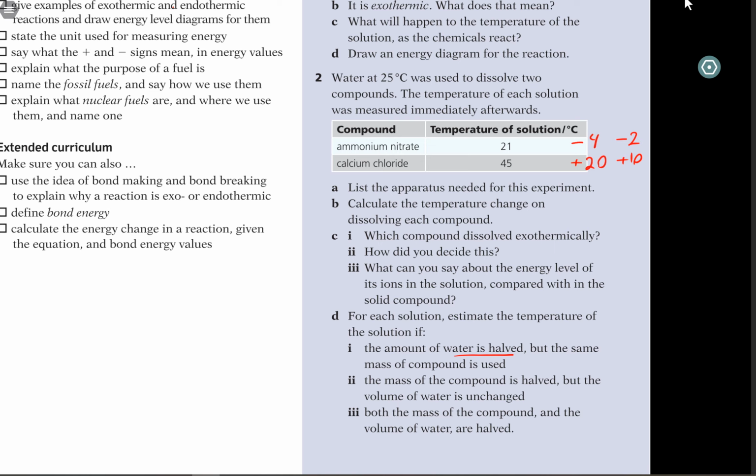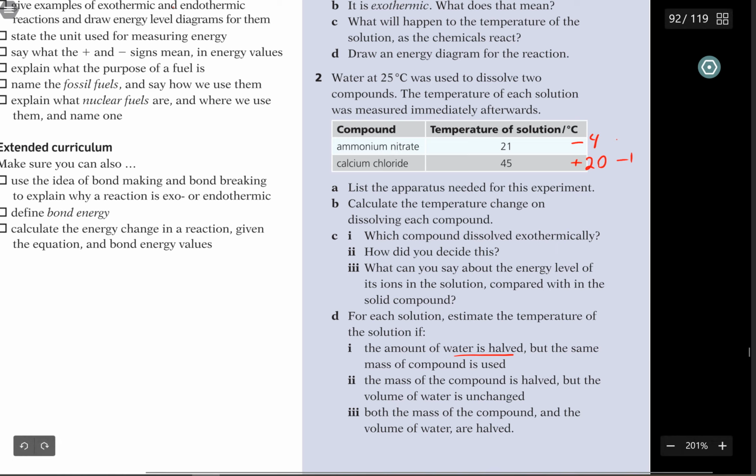And the last one says both the mass of the compound and the volume of the water are halved. So when you cut the mass of the compound, the amount of energy which releases to the water and or is absorbed from the water also cuts in half. But because the volume of the water also halves, the temperature change would remain the same, because you are adding half of the original heat to half the volume of the water.